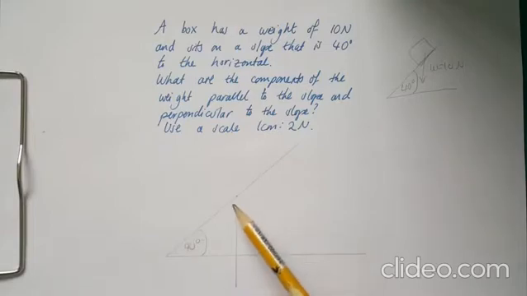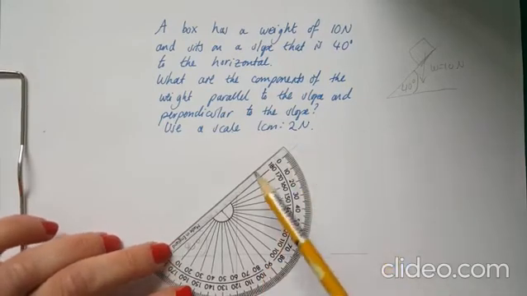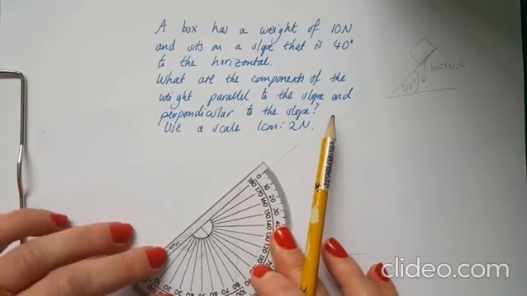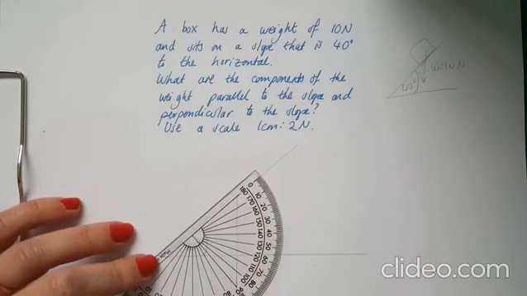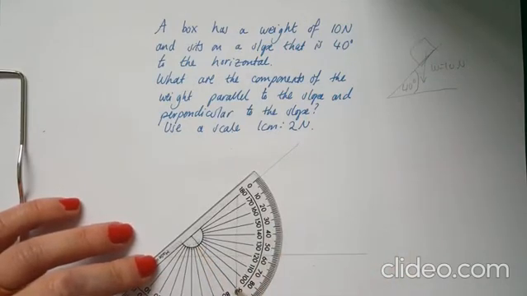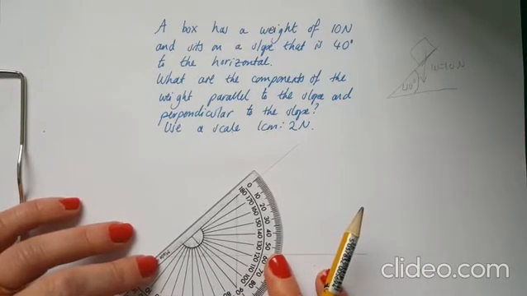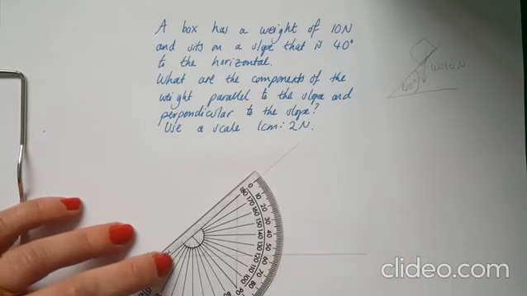Now, to do that, I'm going to start by looking at my parallel component. I'm going to put my protractor onto the line of the slope, so that the 0 is along the line of the slope. I'm going to move my protractor down my slope until such point where my 90-degree line just touches the end of my weight vector that I've drawn in. Okay, I'll mark that on.